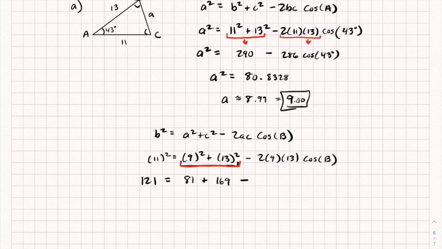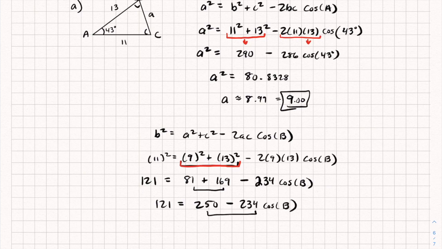So this is, let's see, 117 doubled is 234 cosine of angle B. Now I'm going to go through and add. So I get 121 is equal to 81 and 169. So that is 250 minus 234 cosine of angle B. Now these two things cannot combine because the 234 has a cosine attached.